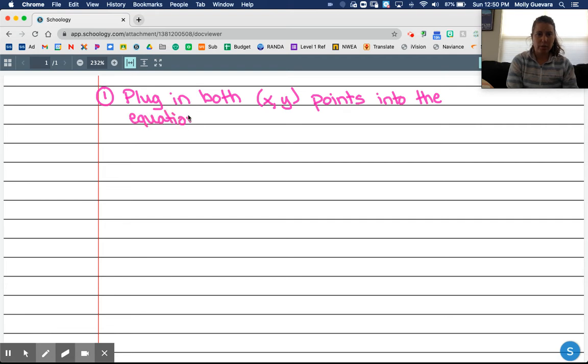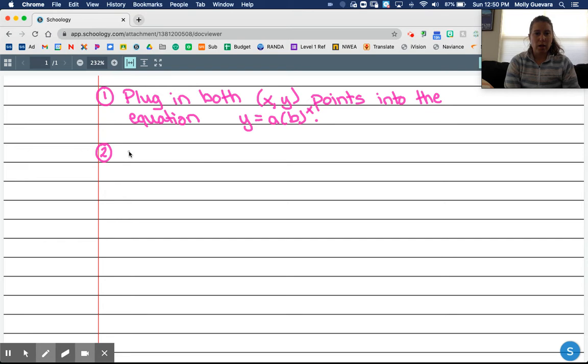And what equation are we using? We're using the exponential equation, so it's a times b to the x. I'm going to plug in my x value up here in the exponent, and my y value over here on the other side of the equal sign, and we will not know a or b. That's what we will be trying to find.